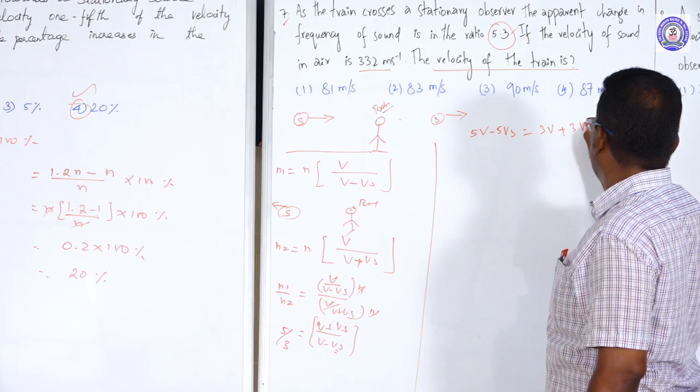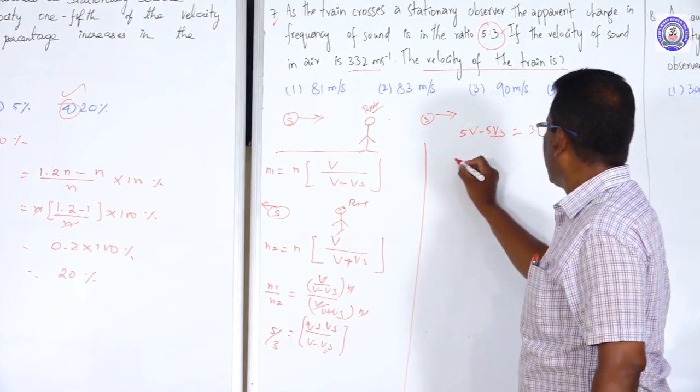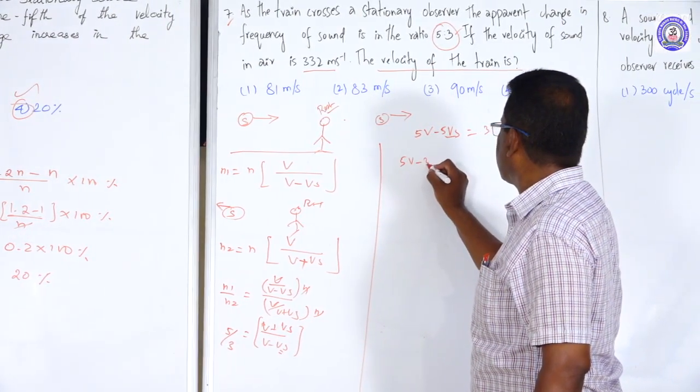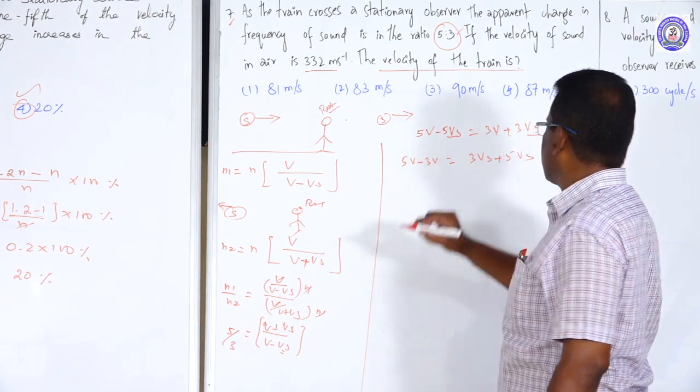When vs and v come to this side, 5v minus 3v is equal to 3vs plus 5vs.